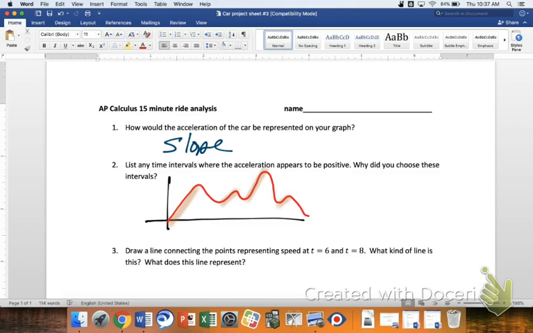Does that make sense with what you were just looking for? So if acceleration is represented by slope, and I'm looking for positive acceleration, I'd be looking for a positive slope of that speed or velocity graph.